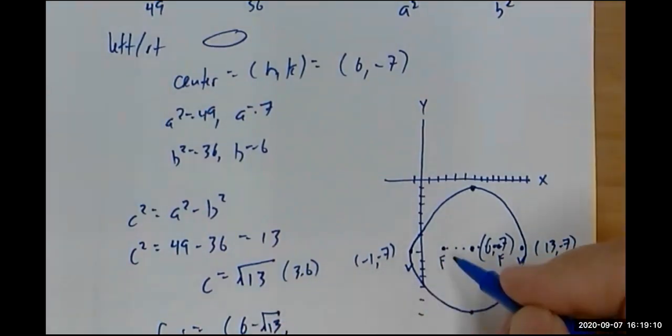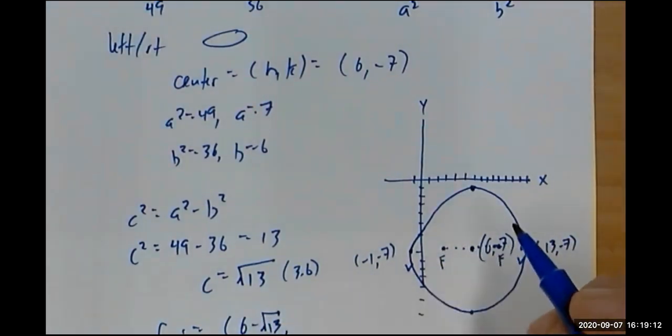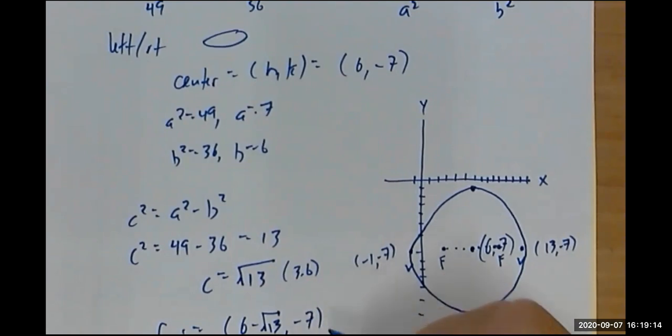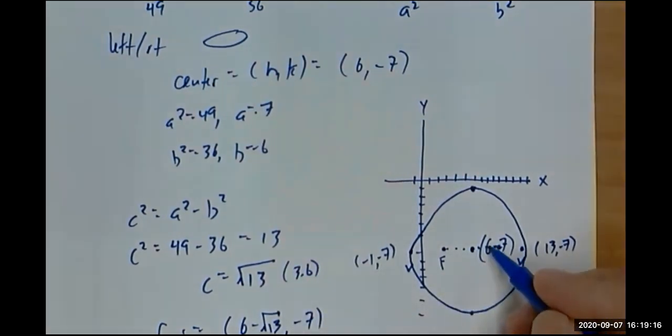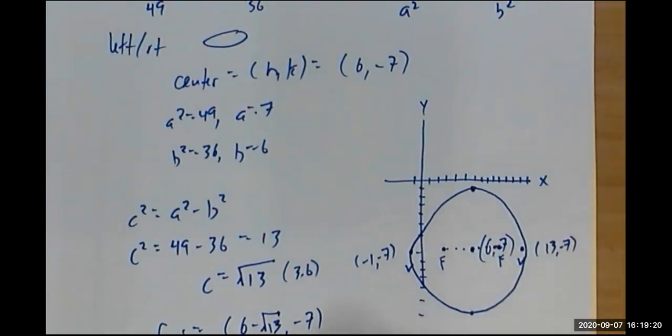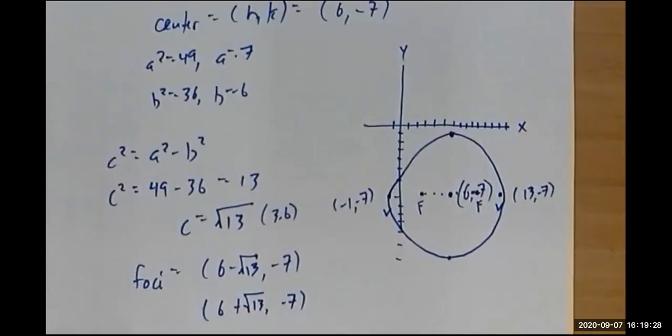So this is the x, and the y is just -7. The other foci, I'm here at 6, and I have to add square root of 13. My y is still -7. All right, foci always are a little messy.